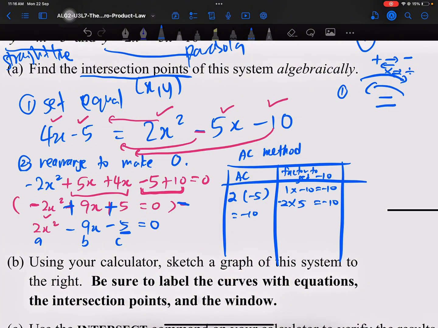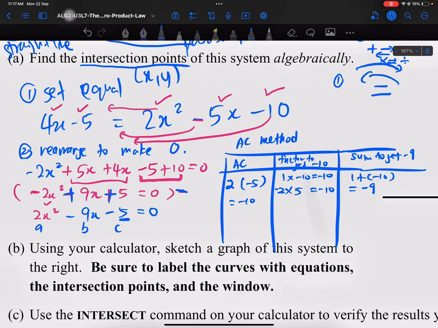Then I need to try to sum to get negative 9. 1 plus negative 10 is negative 9. So this is our factor.